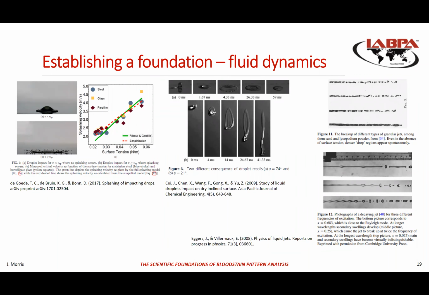This would be the splashing mechanism that they discuss. We see that in BPA. The center discusses the concepts of how a fluid, when it strikes an inclined surface, a droplet of a fluid striking an inclined surface, how it spreads, not just lengthwise, but also the width, and what factors affect that spread, and can we predict that spread mathematically?